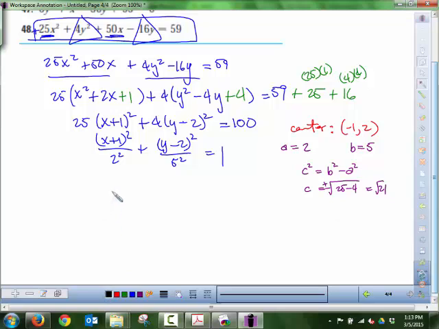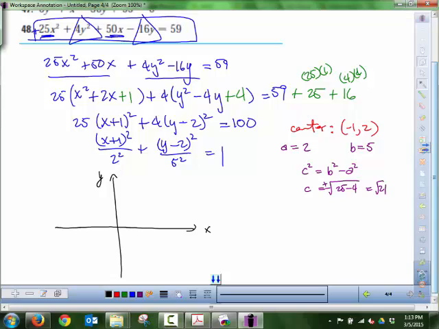If we take a look at the graph of this, let me graph this before we go on.